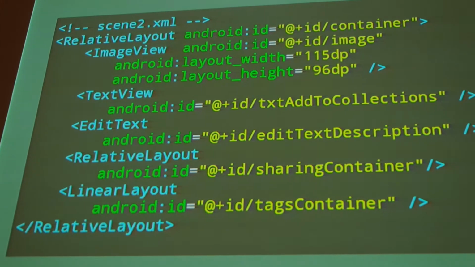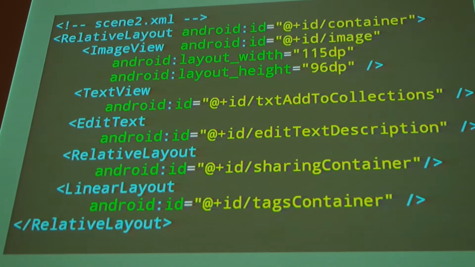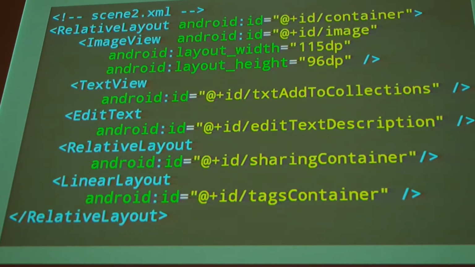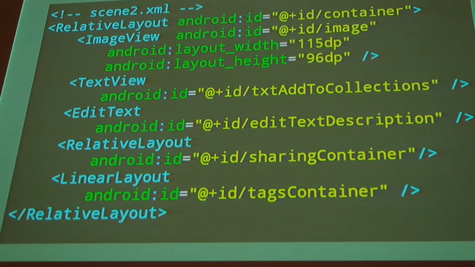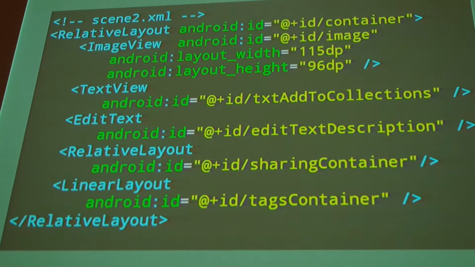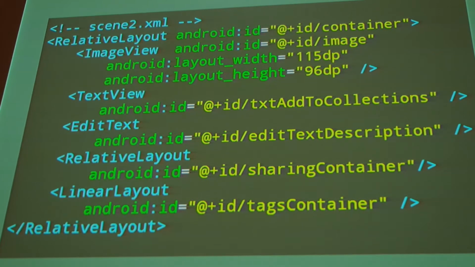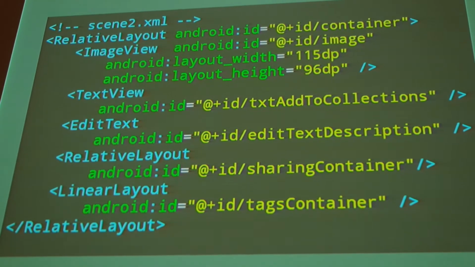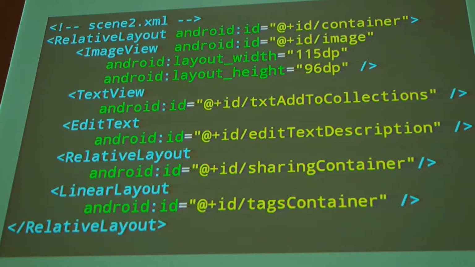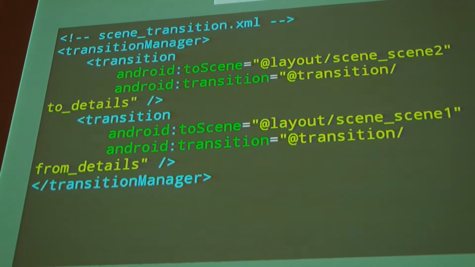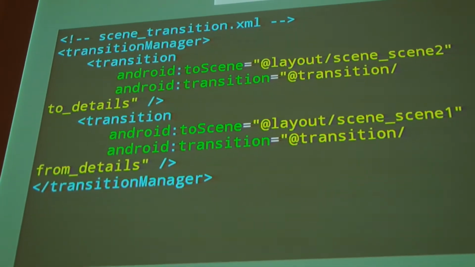It's a little more complex, but I still have the same image view, the same ID, right? So the system knows that it should animate the changes on that view. And I have other views: text to add to collections, the text for the description, my sharing container with the Facebook and Twitter buttons, and my text container.